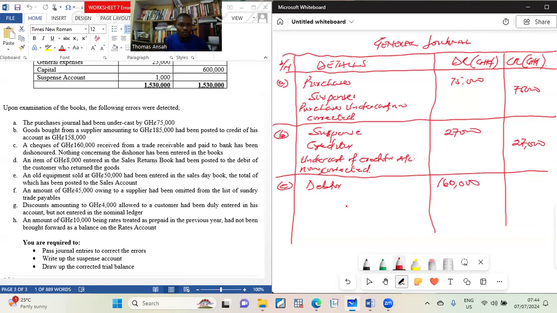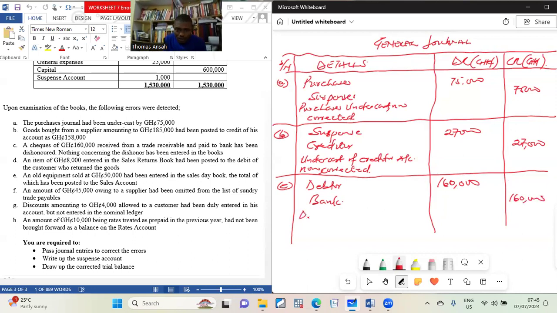All right. Then we have bank. You credit it, because what you would have done is that you would have reduced the debtor's balance and debited your bank, but the money never reflected. It never happened. So you have to correct it. If you don't, your bank rec will not balance. All right. So that is that. All right.